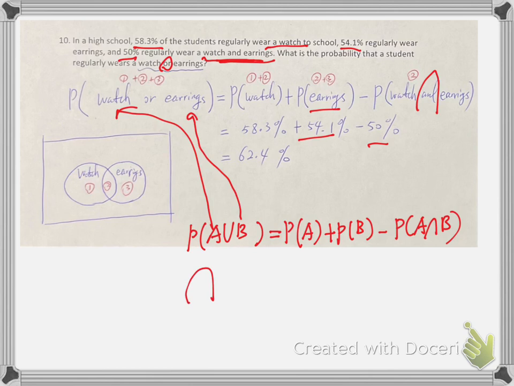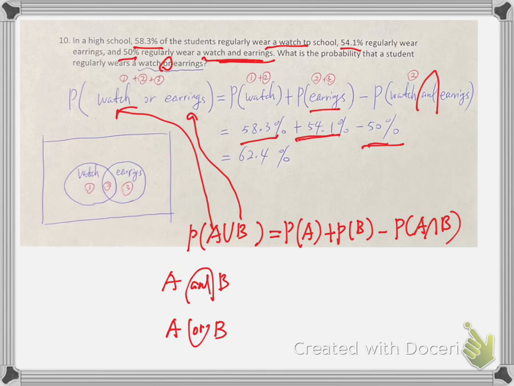And is for intersection, or is for union. So A or B means A union B. Then you just use the formula: percent of watch plus percent of earring minus percent of intersection is equal to the union. Then you get 62.4%. So that's one method.